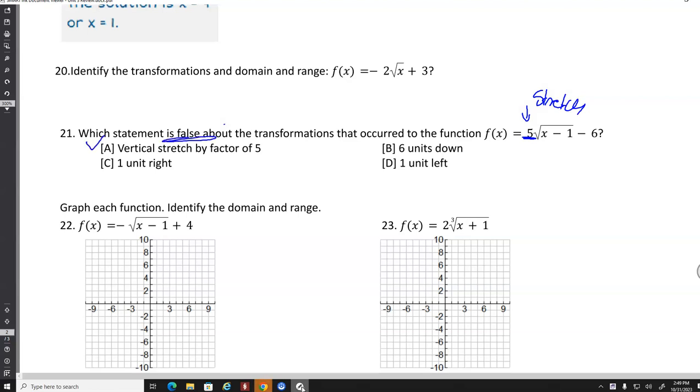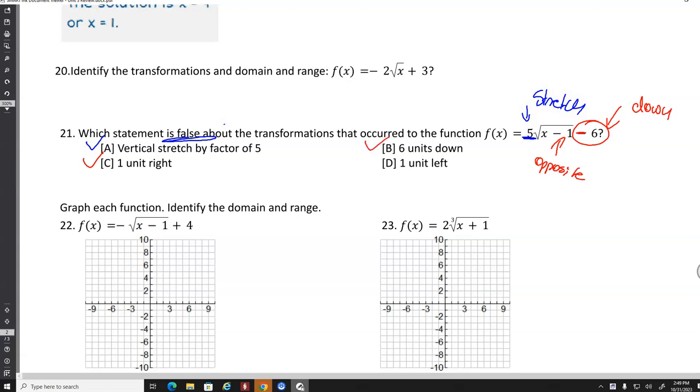I'm looking for a false statement. It says 1 unit right. So that would mean it's going to be -1 on the inside, which is also correct, because remember that this is the opposite. So this is also correct. 6 units down is also correct because that's the outside number. So this is going to go down with a negative. So this is also correct.